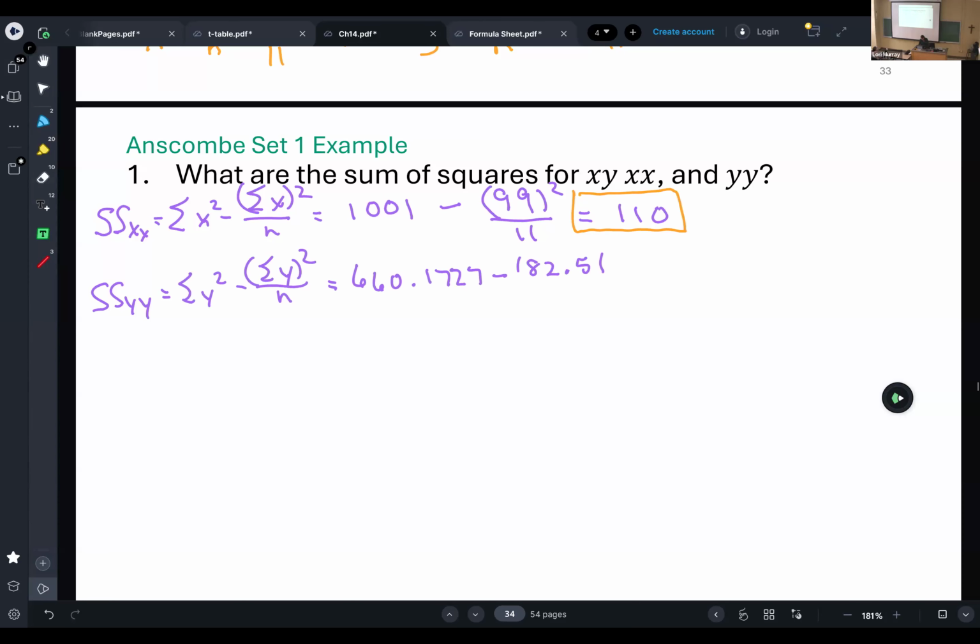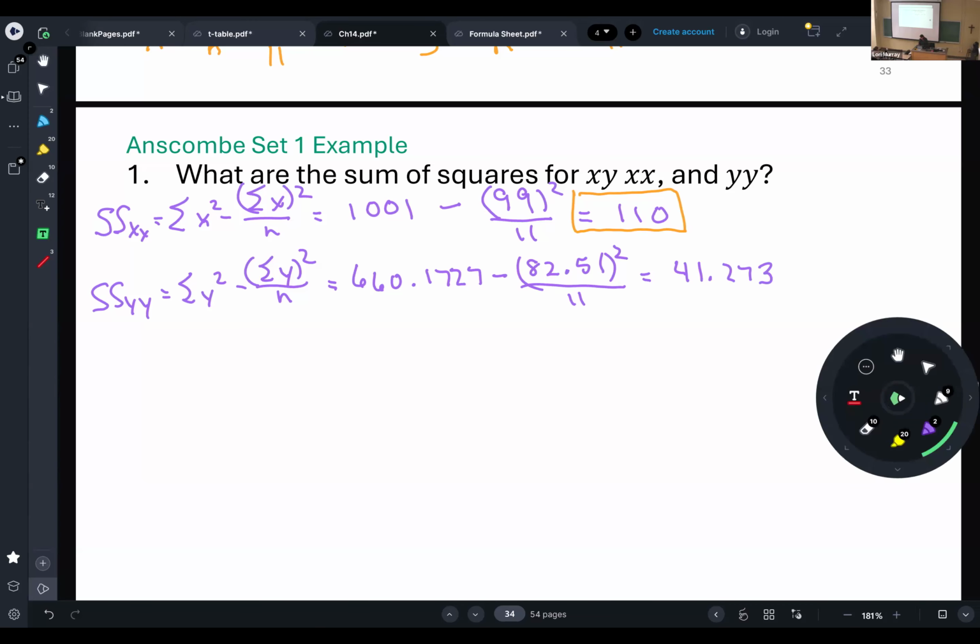We know that's good. We want to square that and divide by 11. We believe that should give us 41.273, I believe.